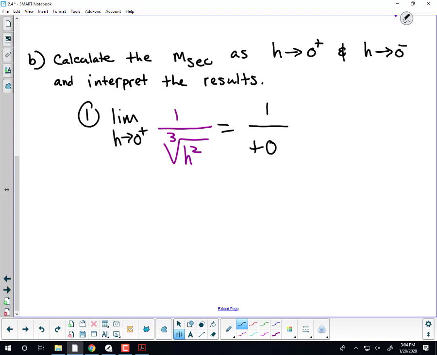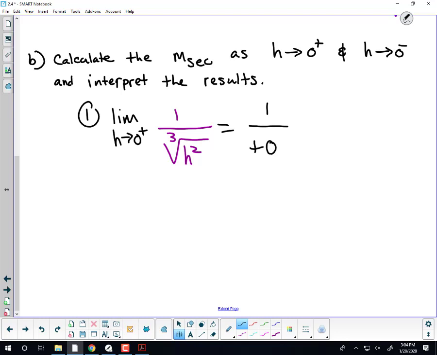positive values. You know, just to add another layer of complexity, that 1 over h to the 2/3, the root has to stay as is, but remember that power on h could be applied to h first, or we could apply that after we apply the root. Doesn't really matter.